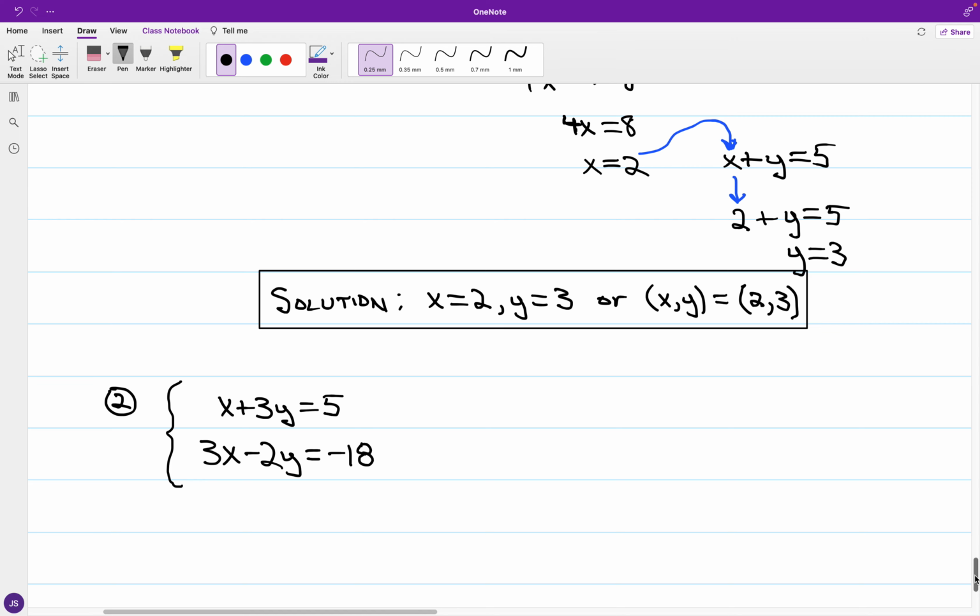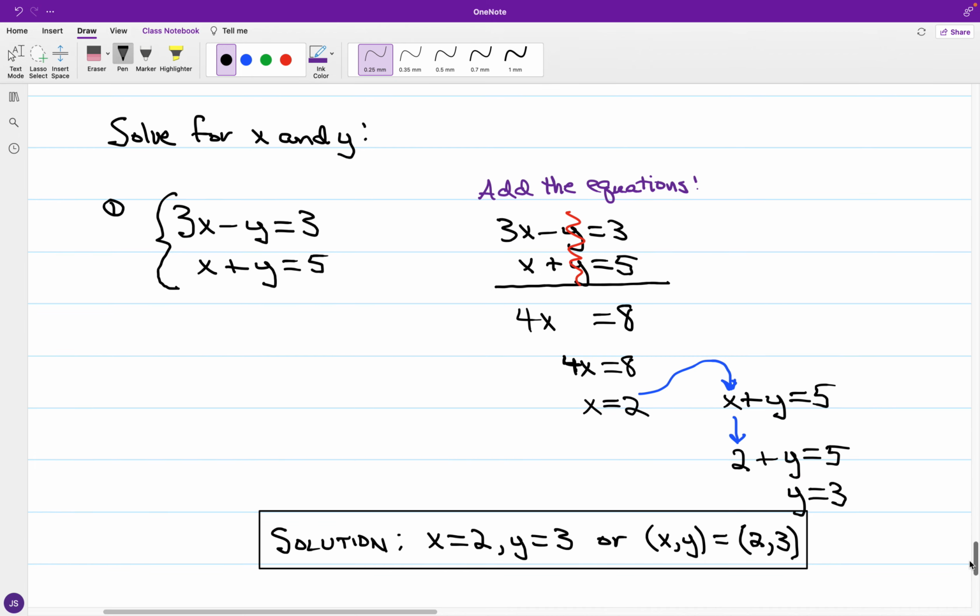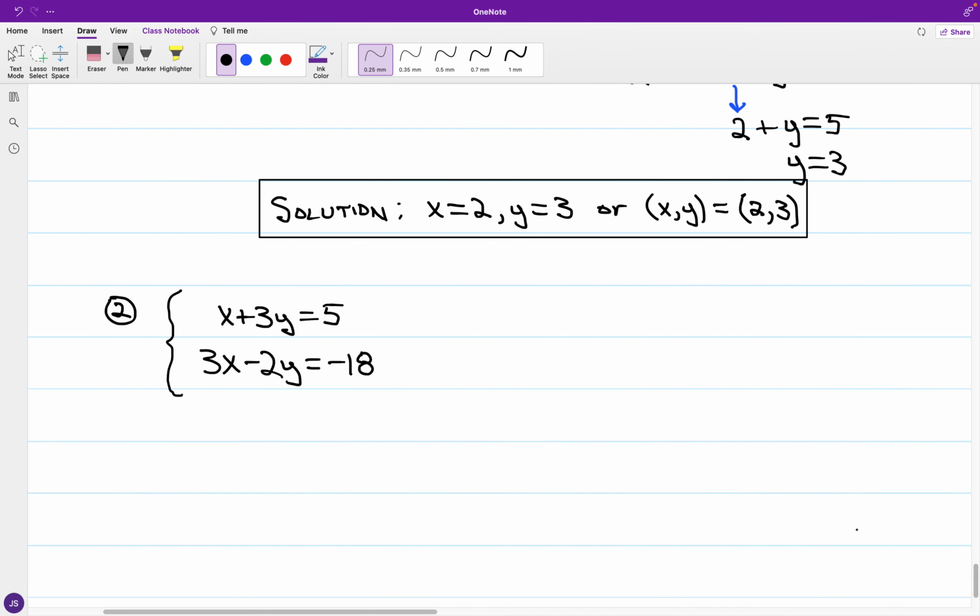Notice before we had additive inverses in the first equation as well as the second, when we had negative and positive y, but here we cannot add x and 3x or 3y and negative 2y and have either variable cancel out.